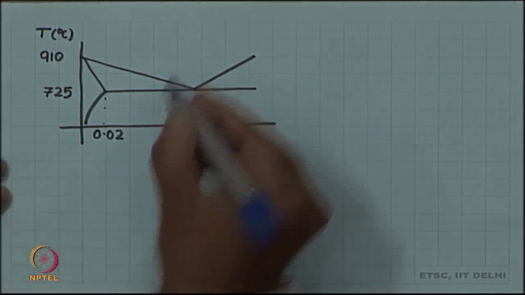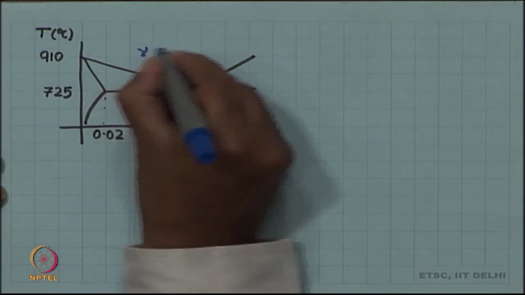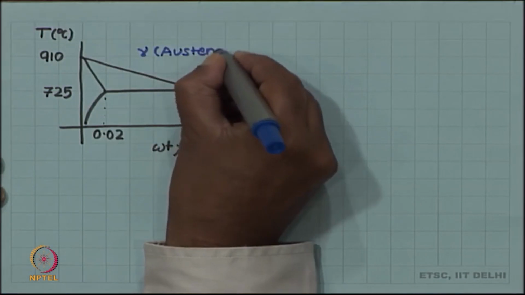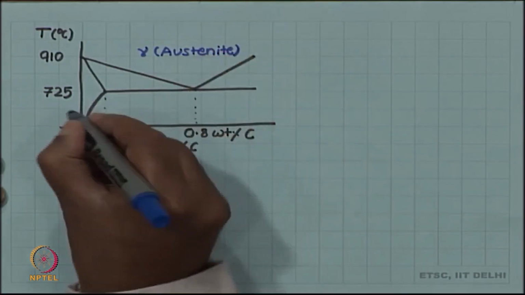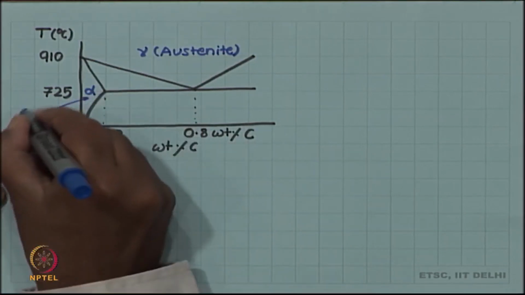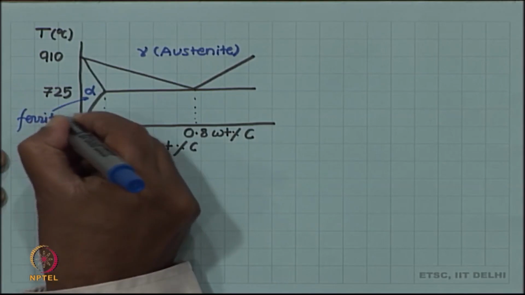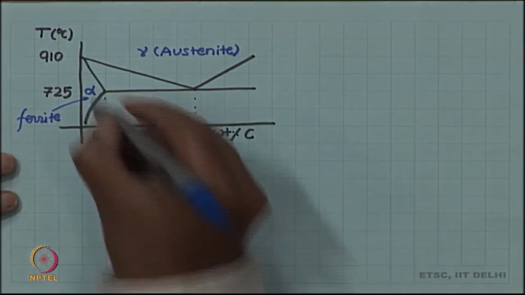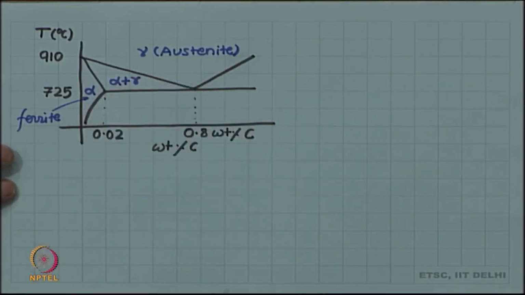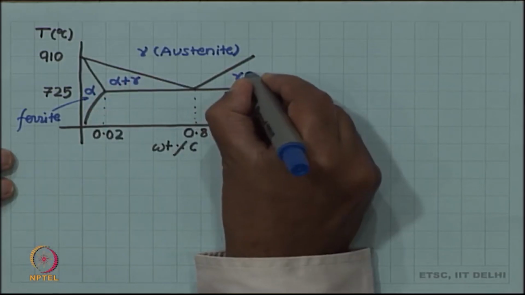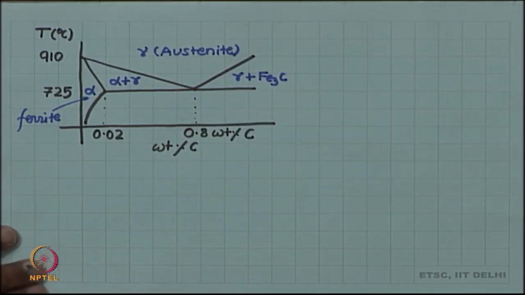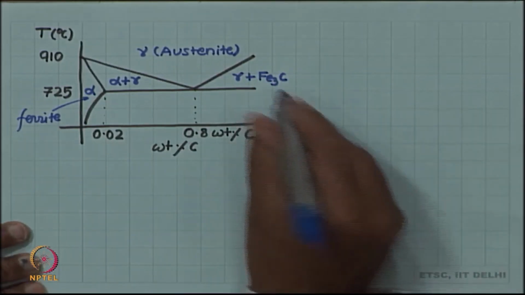The phases were gamma for austenite, then alpha which is ferrite, and this region is alpha plus gamma. Recall the 1-to-1 rule. This region is gamma plus Fe3C, because it is 6.67% on this side.